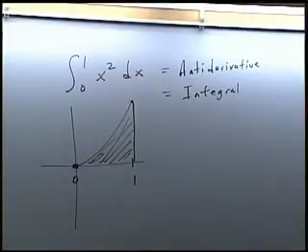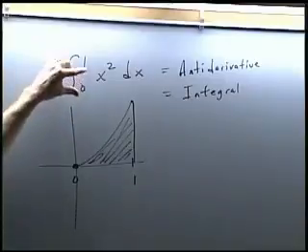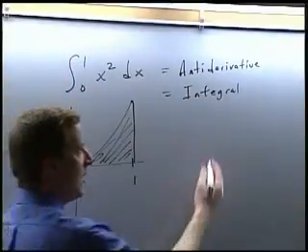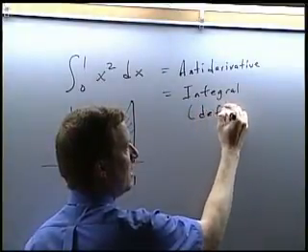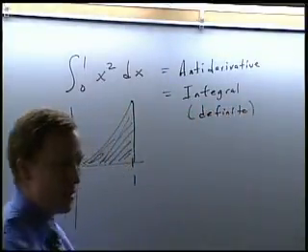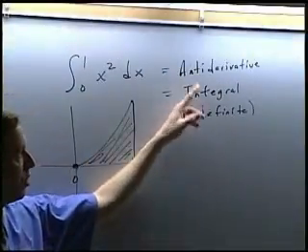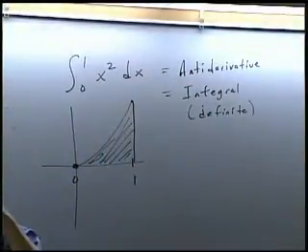Integral being the opposite of a derivative, just like an antiderivative is the opposite of a derivative. Okay? This type of integral that we will be working here today, because we have boundaries, we're going just from 0 to 1, this is going to be called a definite integral, because we have definite boundaries on it. We're just going from 0 to 1 and we're stopping at 1. Okay? So if you ever see something talking about a definite integral, it's just the same thing as an antiderivative.